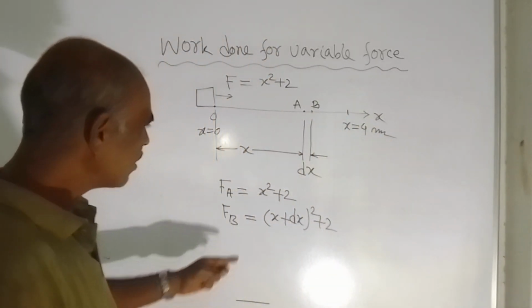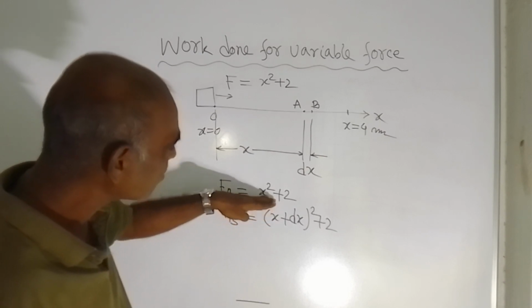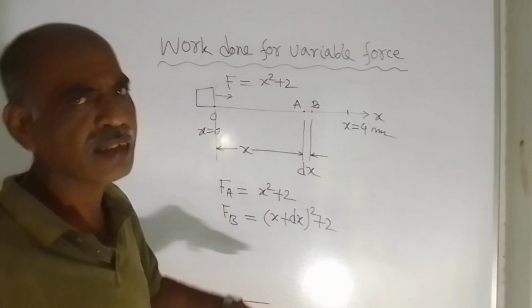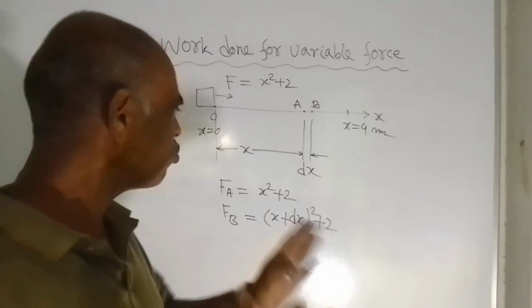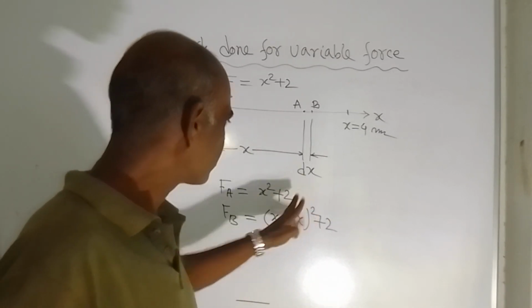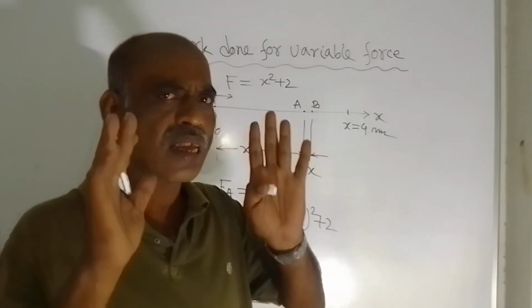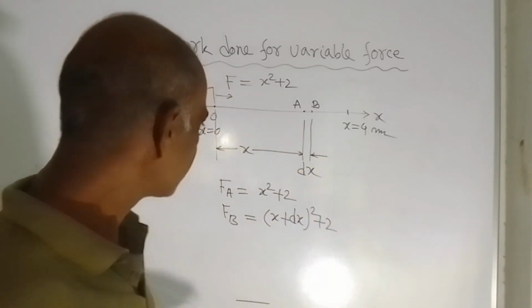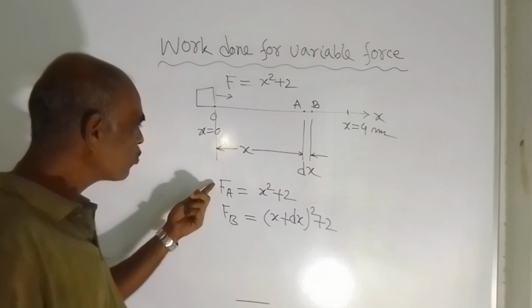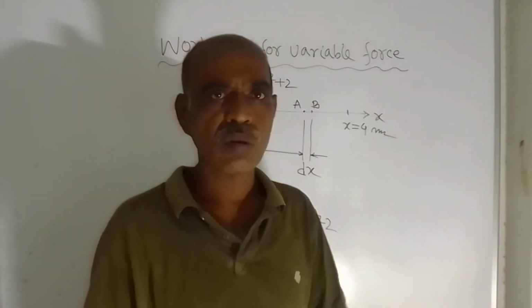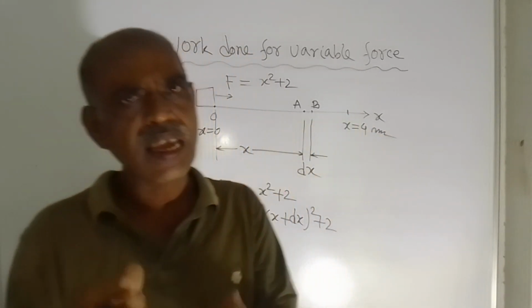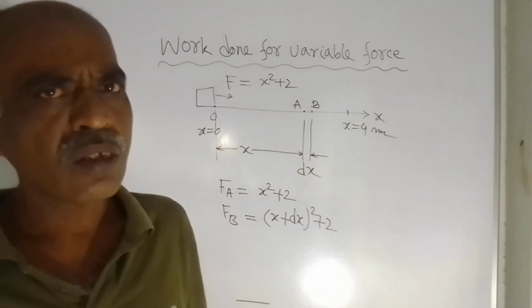And the other part, plus 2, is the same. So the difference between FA and FB will be 0, meaning force at A is equal to force at B.